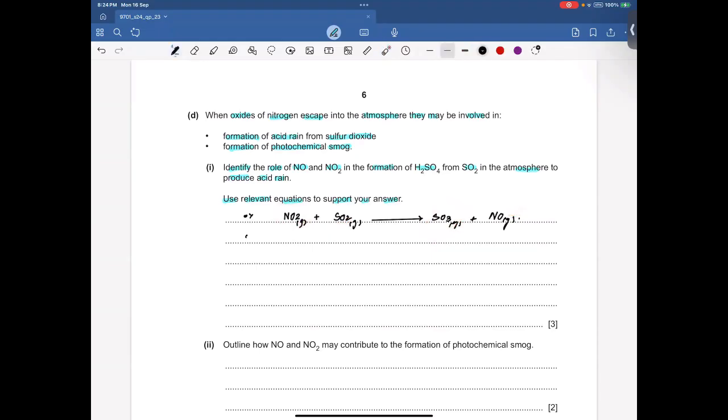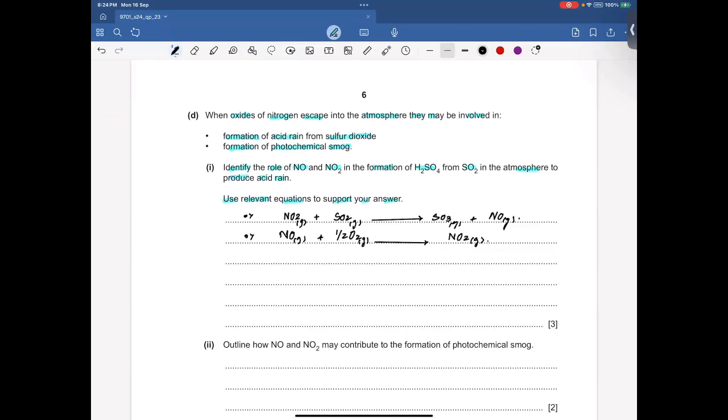Now, NO is found in the atmosphere. It will readily oxidize with atmospheric oxygen, converting into nitrogen dioxide gas.